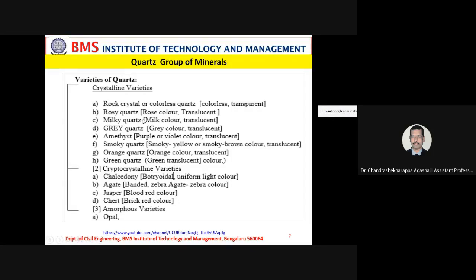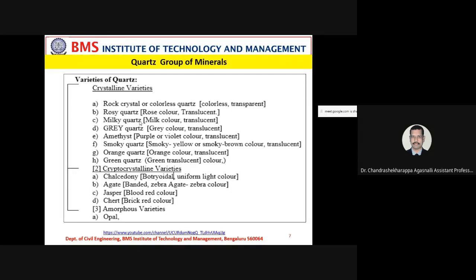Milky quartz is milky white. Almost all the quartz group of minerals is used for manufacturing glass, and also for equipment like ultrasonic devices and radio frequency devices. In places where the composition is insufficient, for example in cement manufacturing, if the silica percentage is low, they add silica, such as sand, which is rich in silica.